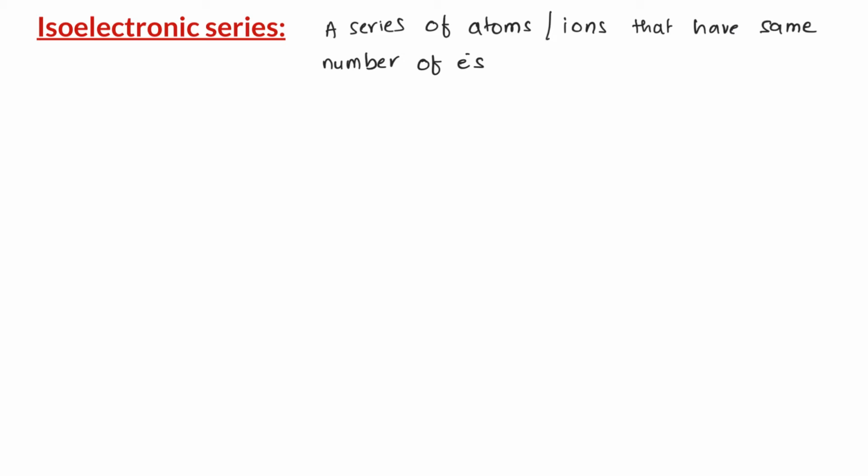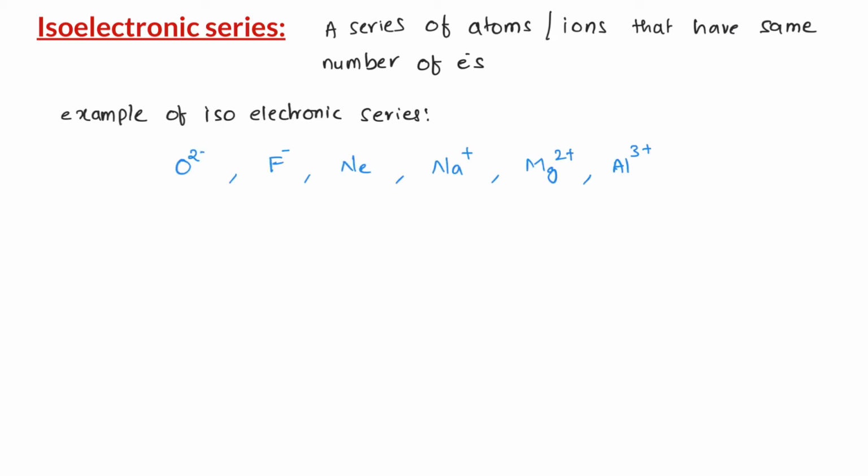For example, O2-, F-, neon, Na+, Mg2+, and Al3+. All these have the same number of electrons, that is 10 electrons.